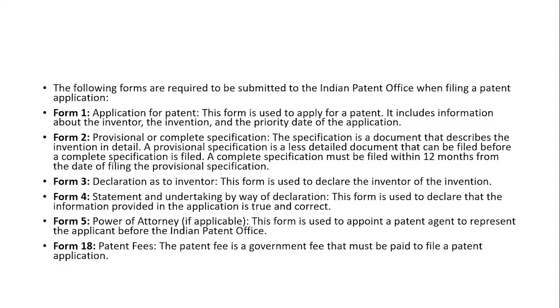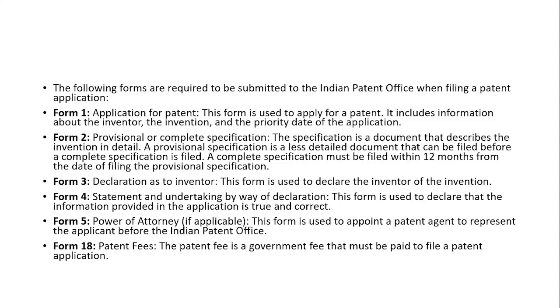What is Form 1, application for patent, for? This form is used to apply for a patent. It includes information about the inventor, the invention and the priority date of the application. What about Form 2? Form 2 is meant for provisional or complete specification. The specification is a document that describes the invention in detail.